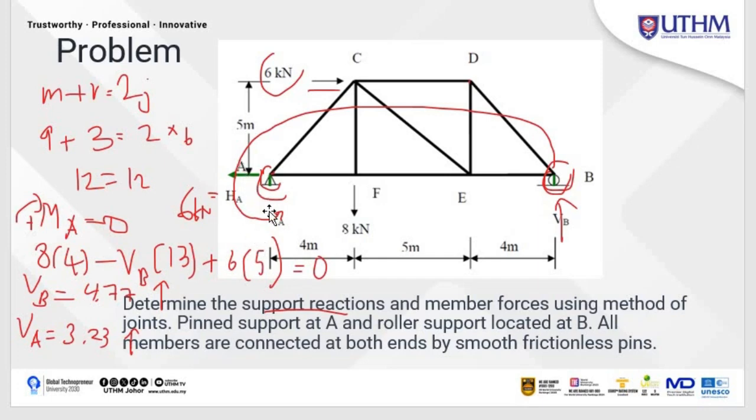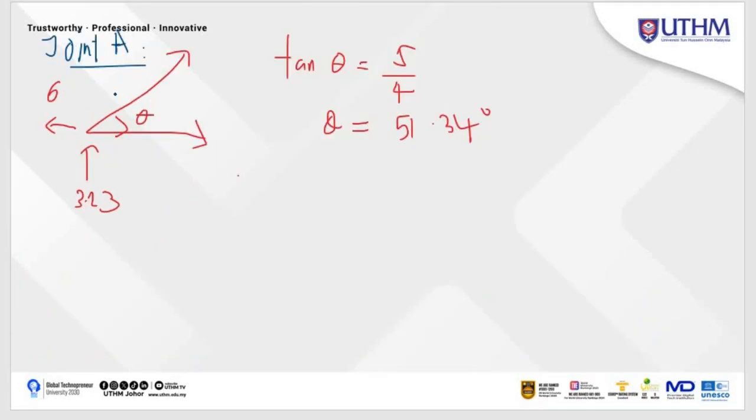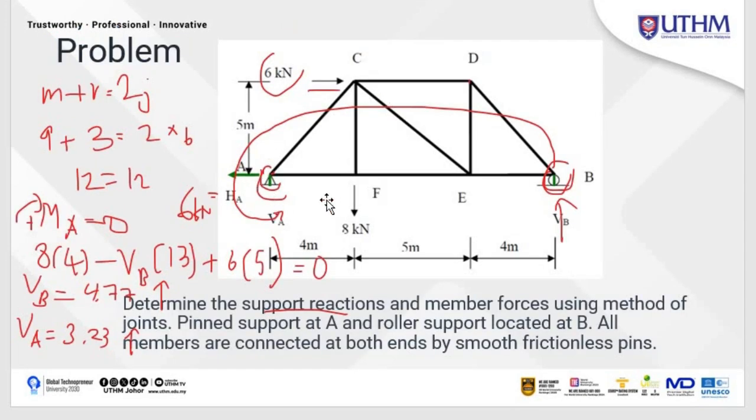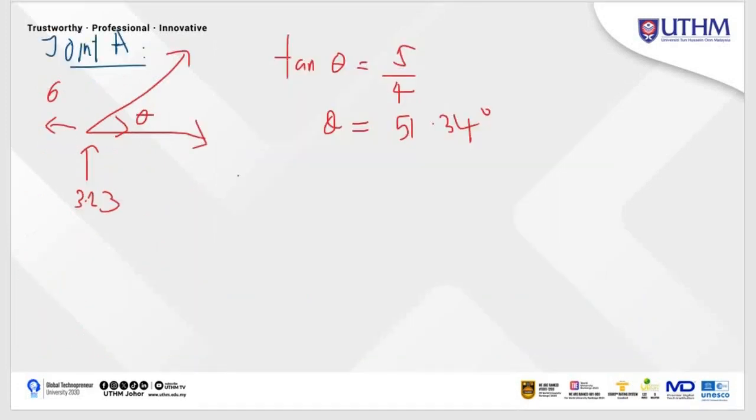If we start at joint A first, we will have the member forces AC and AF. To solve using the method of joints, we base it on the equations of equilibrium. Which equation do you want to start with, Fx or Fy?